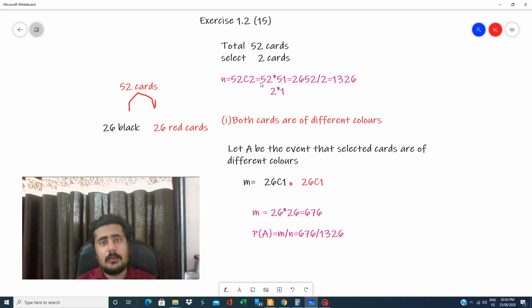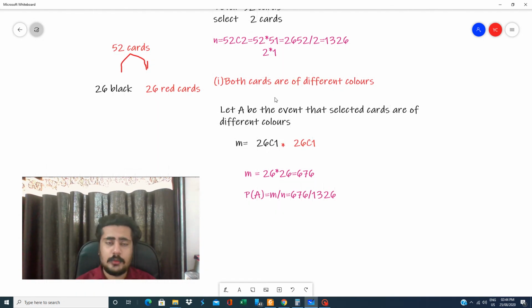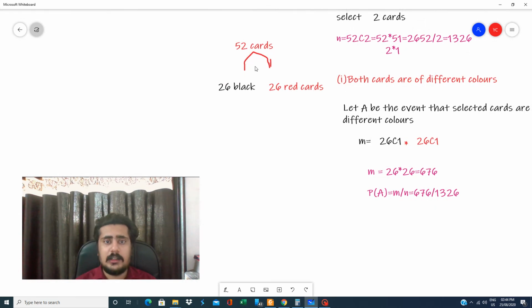Now the number of outcomes of selecting two cards from 52 cards is 52C2, which is 52 into 51 upon 2, that is 2652 upon 2, 1326. Now, what is the first question asked to you? Both cards are of different color. There are total two colors in your cards, 26 black and 26 red cards, that is total 52 cards.